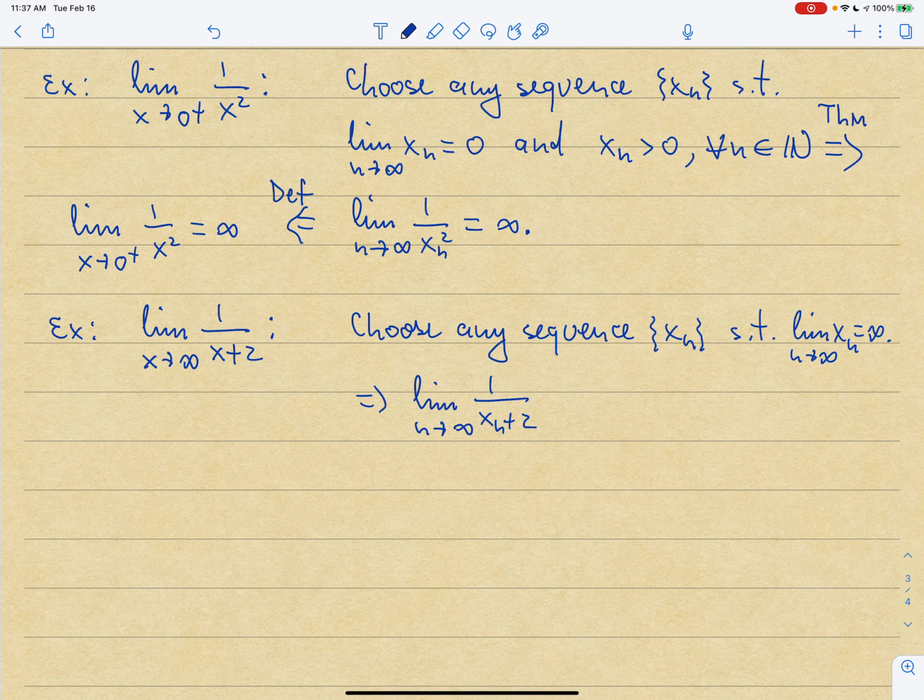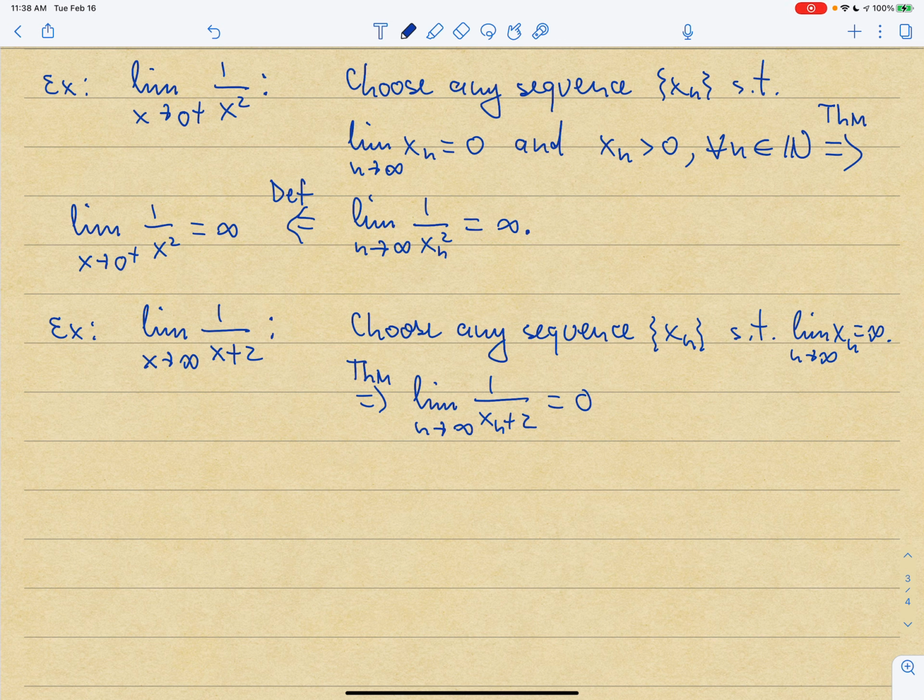Well, xn again is a positive sequence that goes to infinity. Then xn plus 2 is also a sequence that goes to positive infinity, right? Because if xn becomes arbitrarily large, so does xn plus 2. And then the same theorem that I mentioned in a previous example, but going in the opposite direction: if I have a sequence of positive numbers that goes to plus infinity, then the limit of 1 over that sequence must be 0.